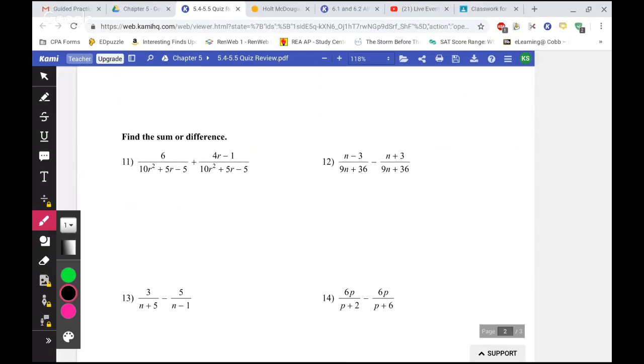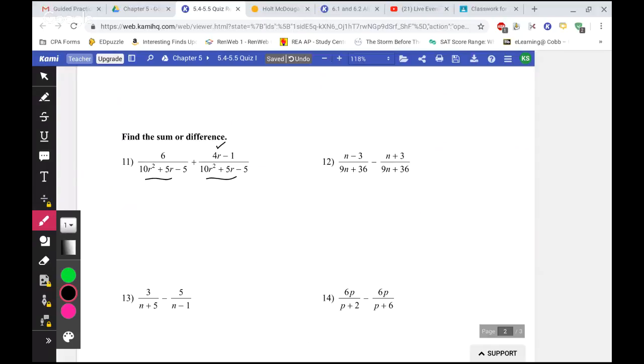Okay, so on these, the first thing that you want to do is factor the denominator if you need to, if they are not matching. But you'll notice on numbers 11 and 12, the denominators are matching. So then all you have to do is combine like terms in the numerators.